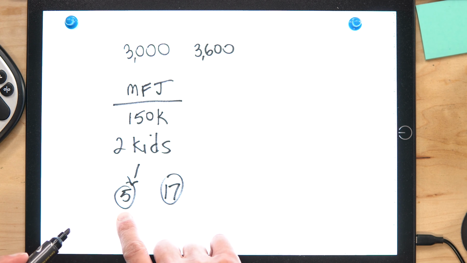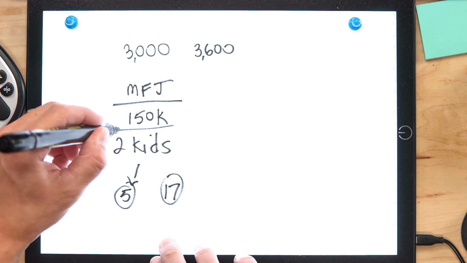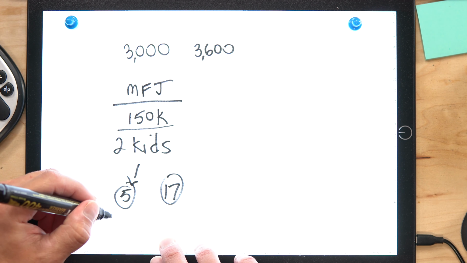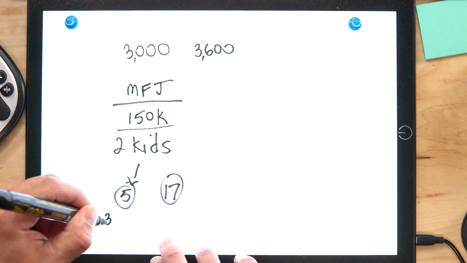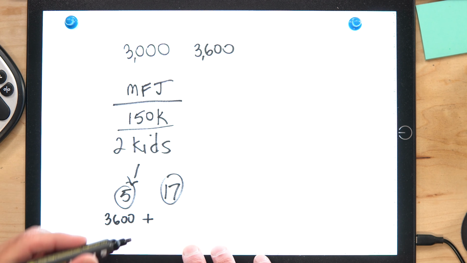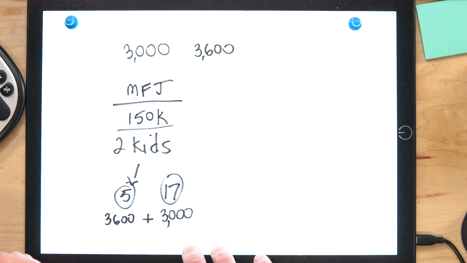So in this case, the one that is 5 years old is going to get the full $3,600, assuming that we're $150,000 or less. So we're going to go ahead and say that this one is going to get $3,600, and then your 17-year-old is going to be qualified for $3,000.